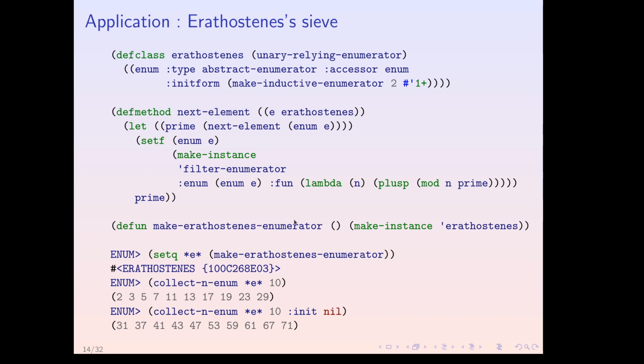So it consists of an enumerator which contains enumerators whose aim is to filter all multiples of the primes that have been output so far. So this is a nice way to program this sieve. So here I can get the first 10 prime integers, and if I put here init nil, I will obtain the next 10 prime integers, and so on.